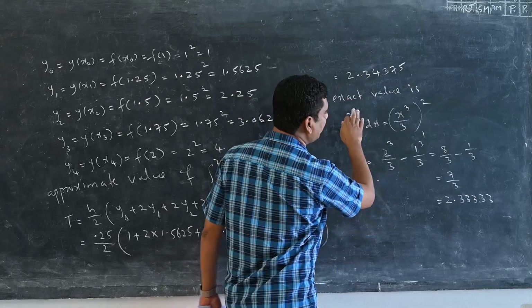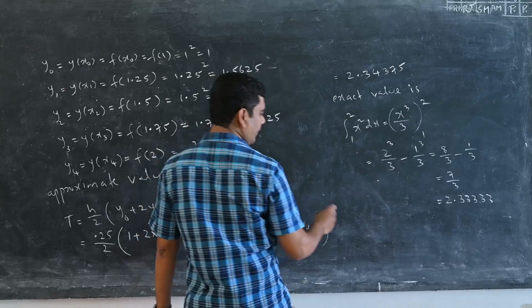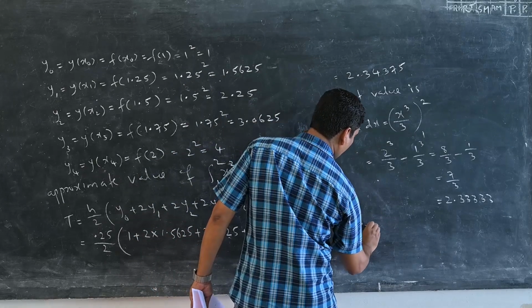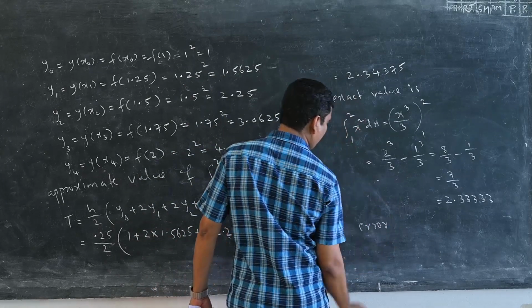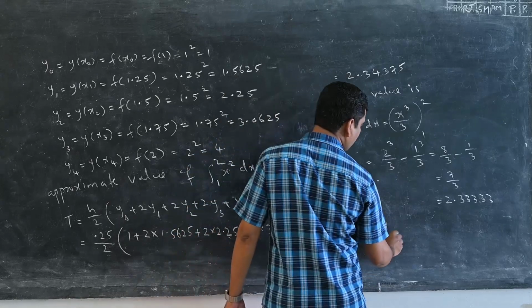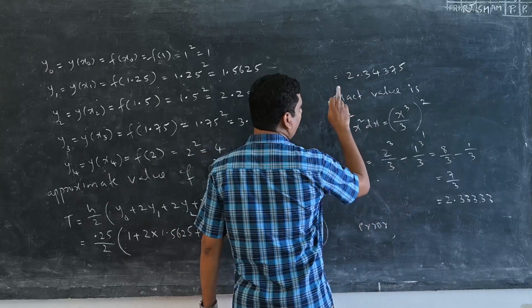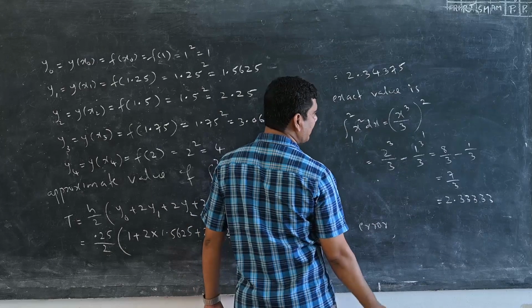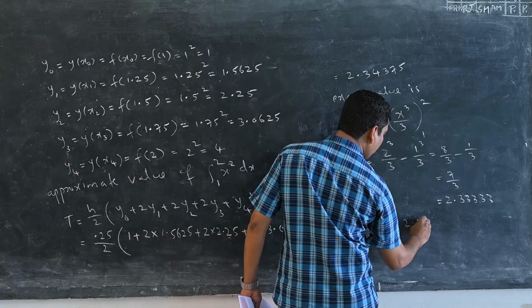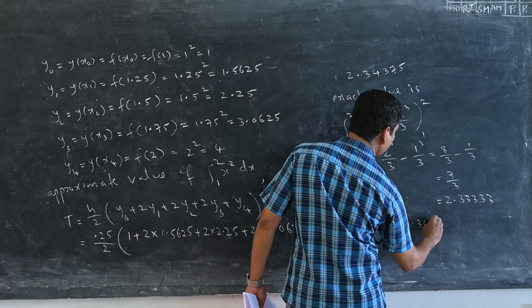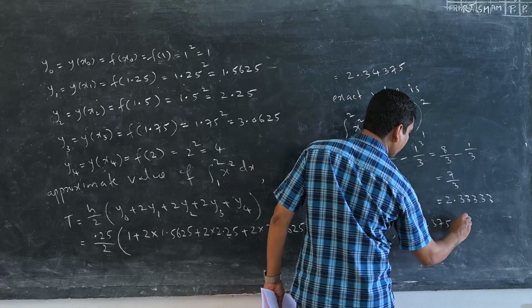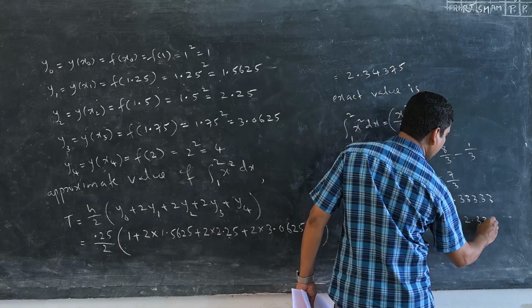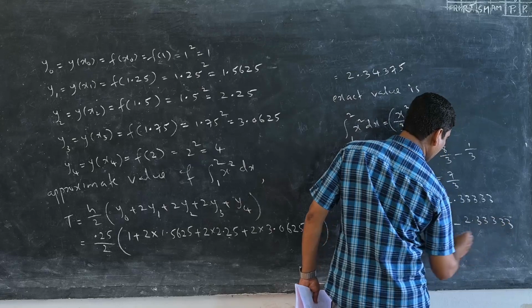So the difference between these two is the error. Error is equal to this is the approximate value minus the exact value. This is the error, 2.34375 minus 2.3333.